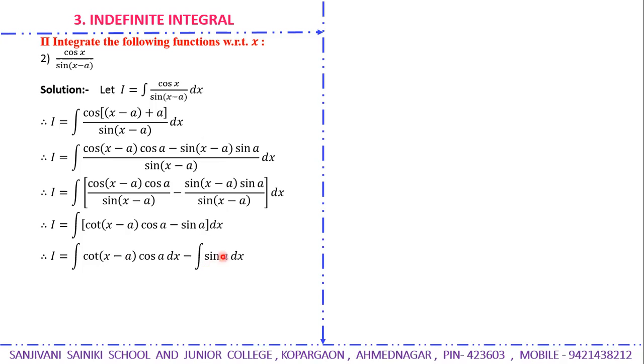And here sin a is also constant, so we can take it outside the integral of dx, which is x. So the integral of dx is x, and the integral of cot x minus a is log of modulus of sin x minus a. So simplify, you get the answer I is equal to cos a log of modulus sin x minus a minus x times sin a plus c.